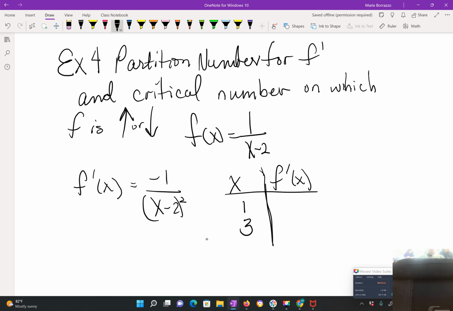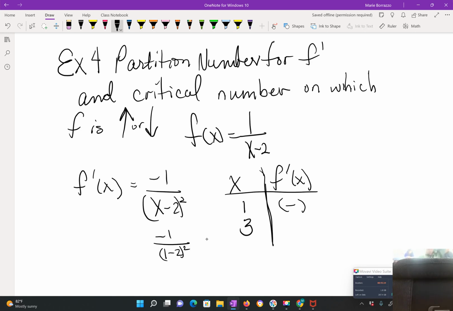What happens? Let's start with the 1. So -1 divided by 1 minus 2 squared. It's squared. Who cares if it's negative, right? Because it's still going to become a positive. So you still have a negative divided by a positive. Do you agree? Yeah. So final answer here is this is negative.